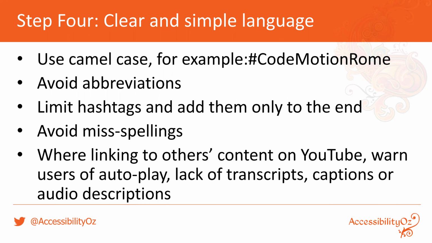Be aware that screen readers are not going to read them out very well. And you should limit your hashtags and add them only to the end, unless those hashtags are full words. So if you're using a hashtag like hash Accessibility, that's fine to use in the middle of a sentence. But if you're using a hashtag like hash A11Y, that should be at the end of the sentence.